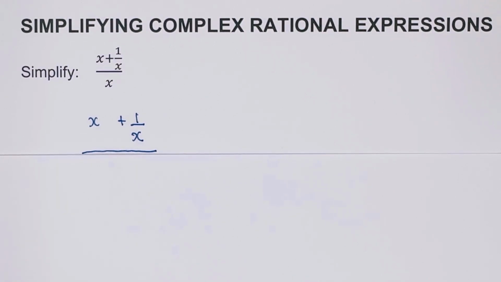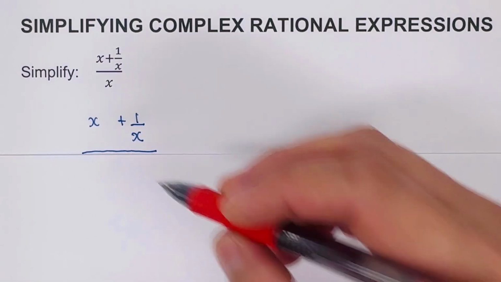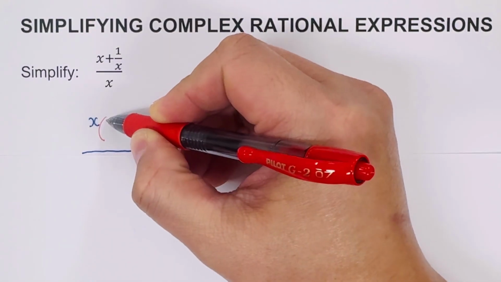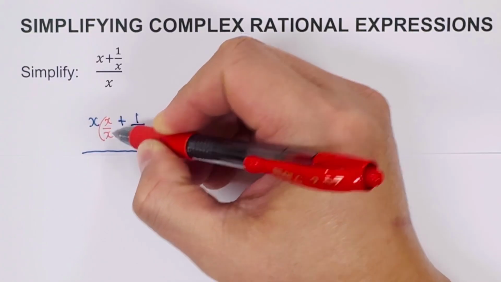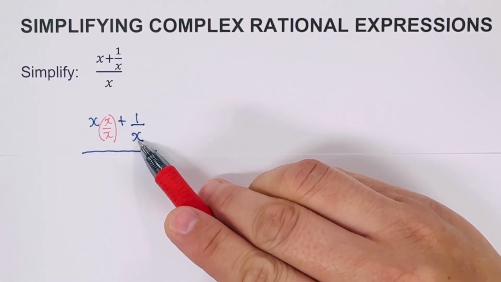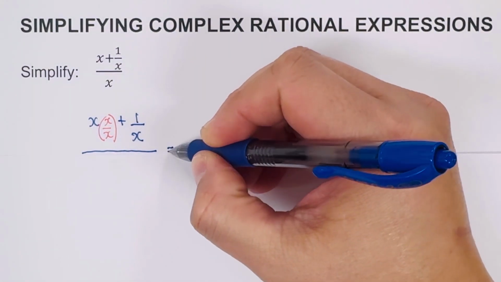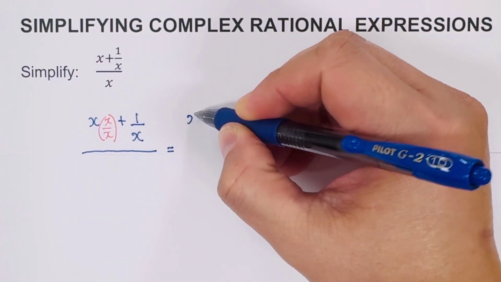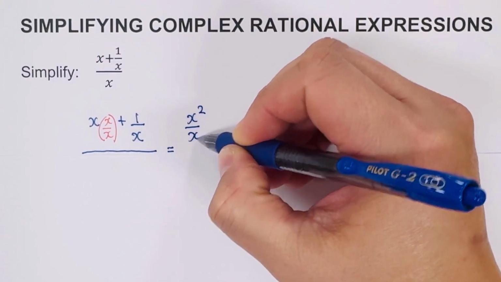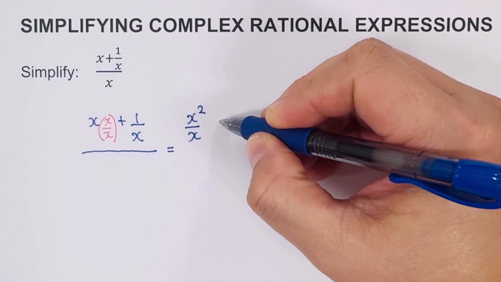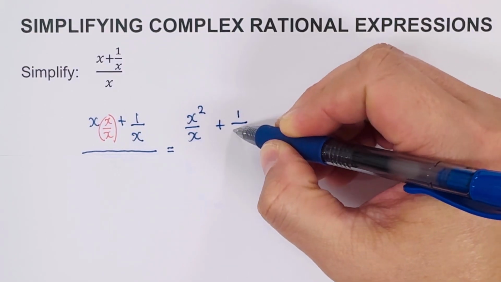So that we can make their denominators the same, we're going to multiply 1 to the first term in the form of x over x, which is the denominator of the second. So if we rewrite this expression, it would come out x squared over x, since x times x is x squared, and then plus 1 over x.